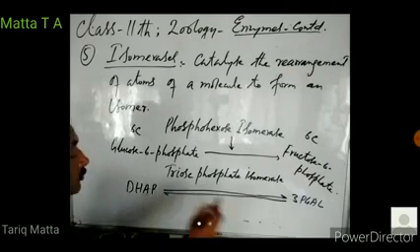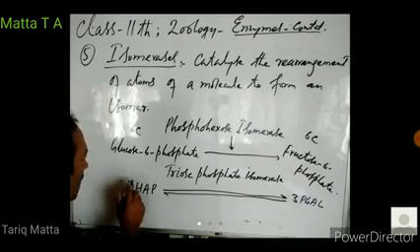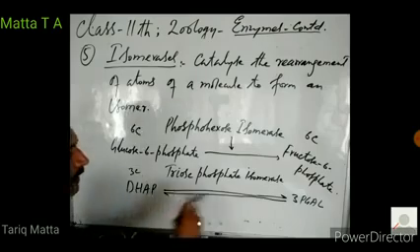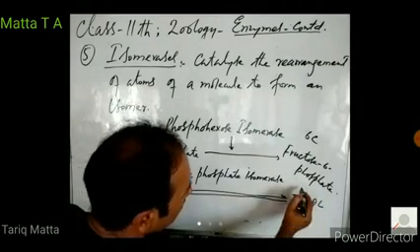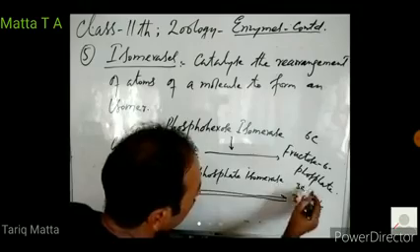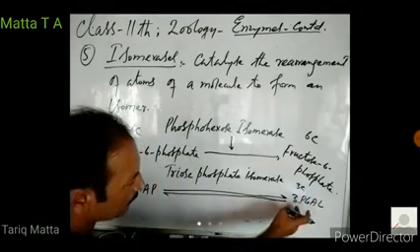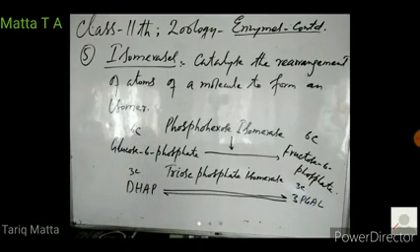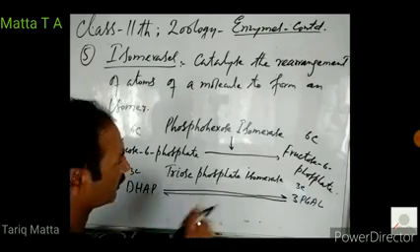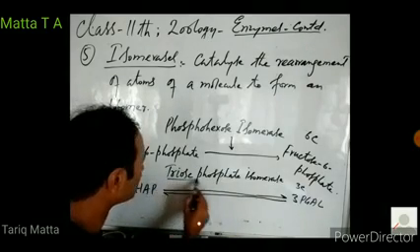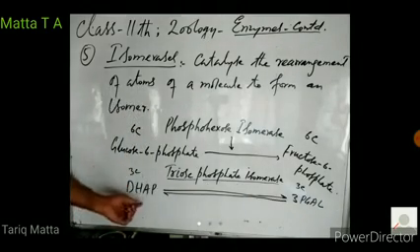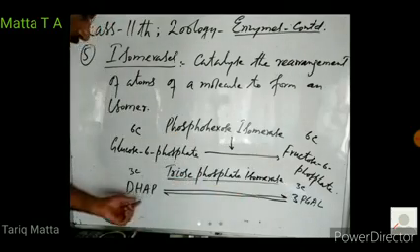Right? So dihydroxyacetone phosphate, a 3-carbon ketose sugar, may be converted into 3-phosphoglyceraldehyde, a 3-carbon aldose sugar. Then this 3-carbon aldose sugar may be converted back into dihydroxyacetone phosphate. So these two compounds are interconvertible. Here ketose is converted into aldose, and aldose may be converted into ketose.